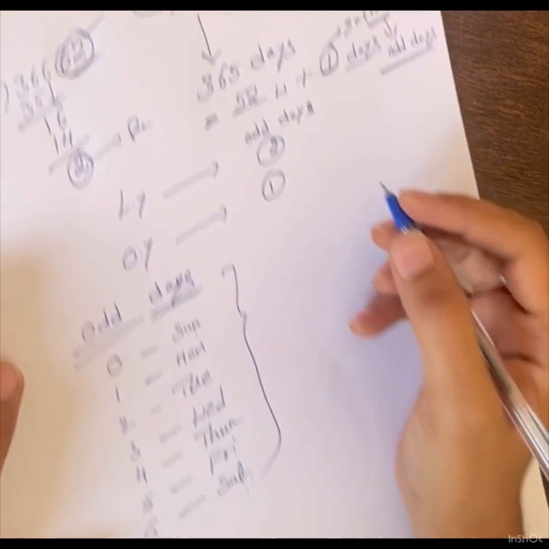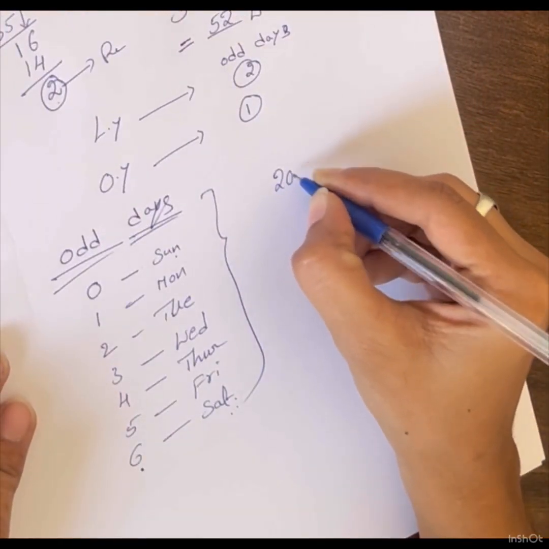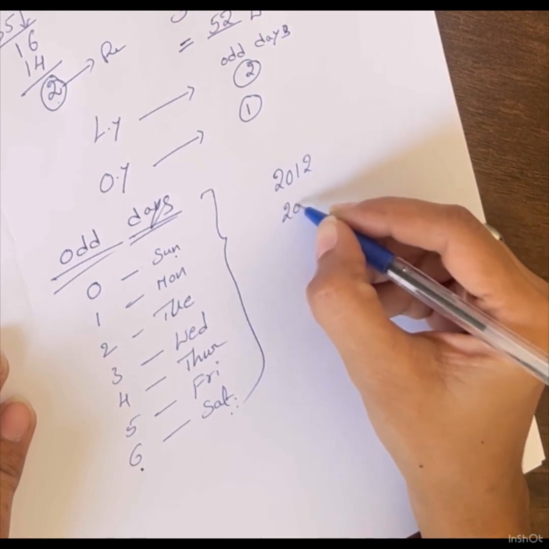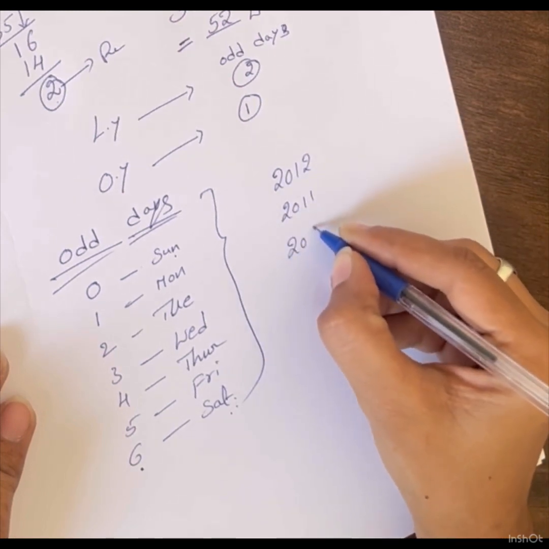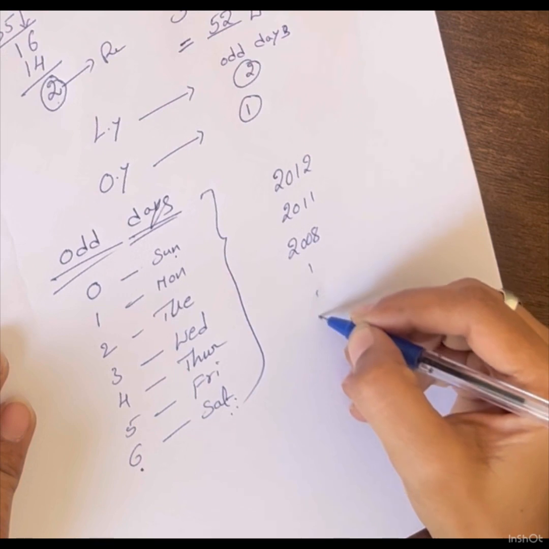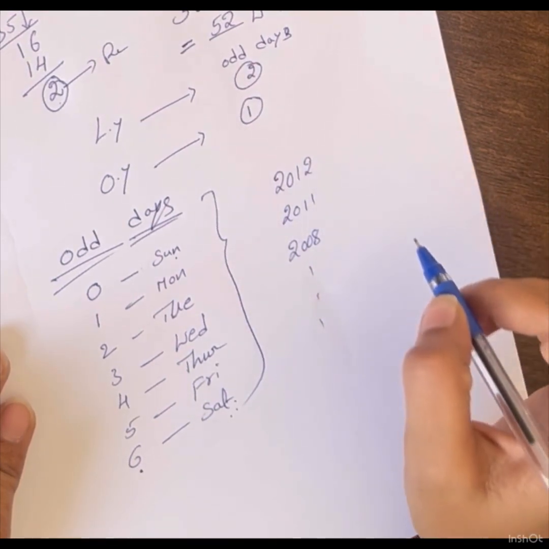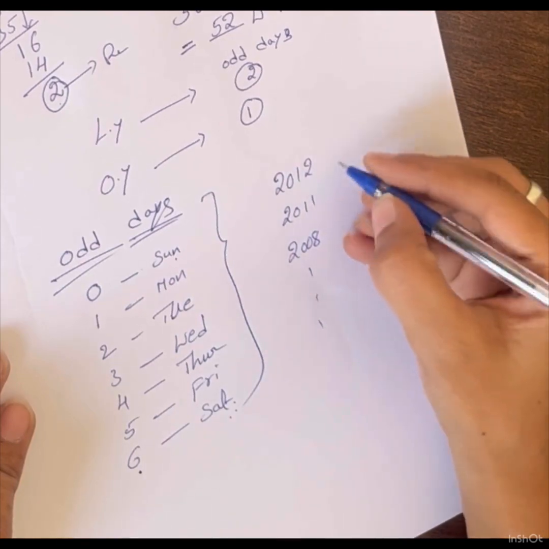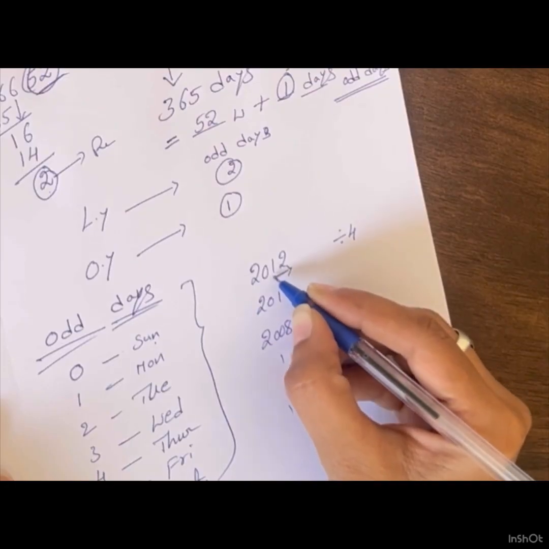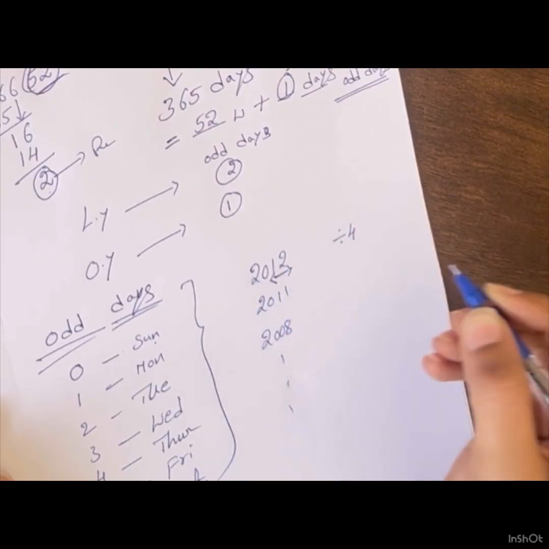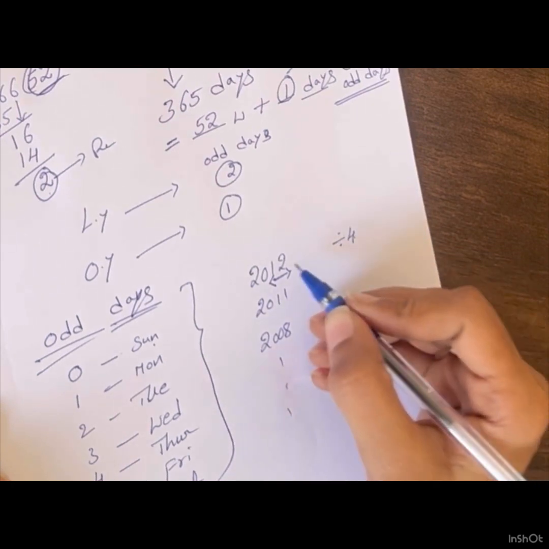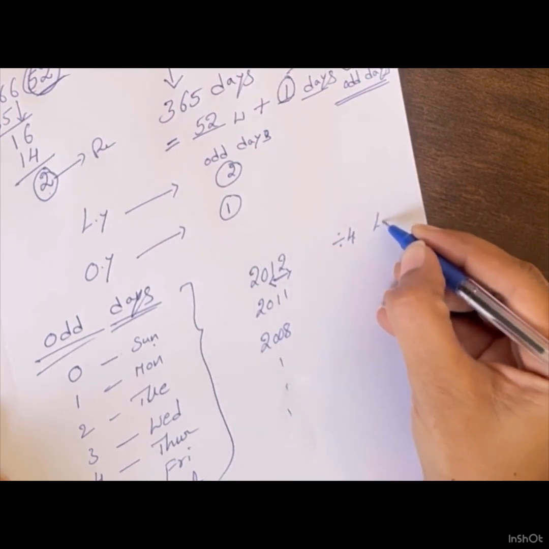Next, if some years are given, like 2012, 2011, 2008, how do we calculate whether the given year is a leap year or not? If the last 2 digits of the given year are divisible by 4, then it is a leap year.